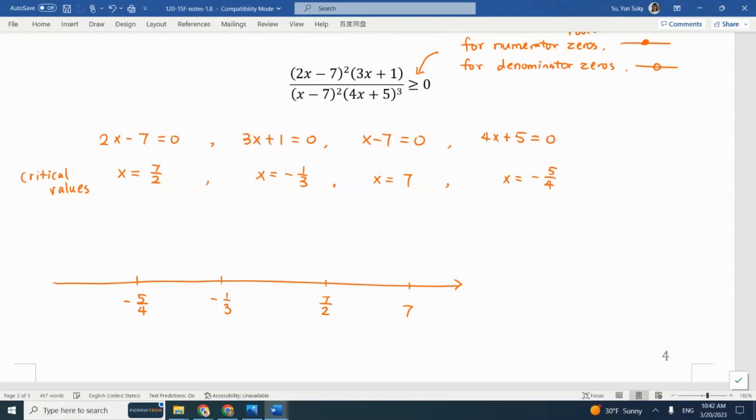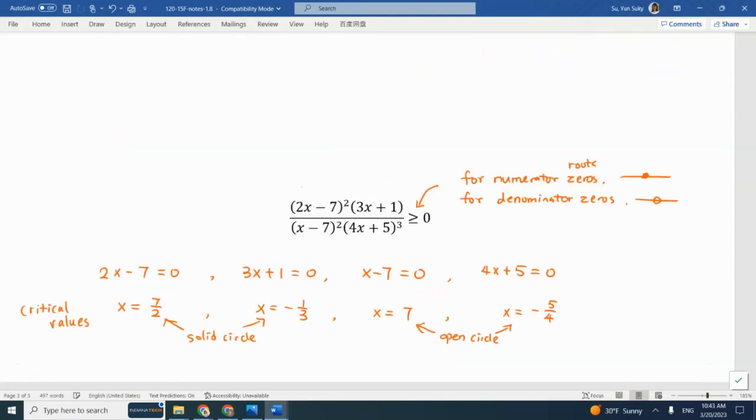So you put a solid circle on 7/2 and -1/3. See, they are solid circles. And for your denominator, which is 7 and -5/4, we put open circle. Is that clear, everybody? Because your denominator cannot be 0.